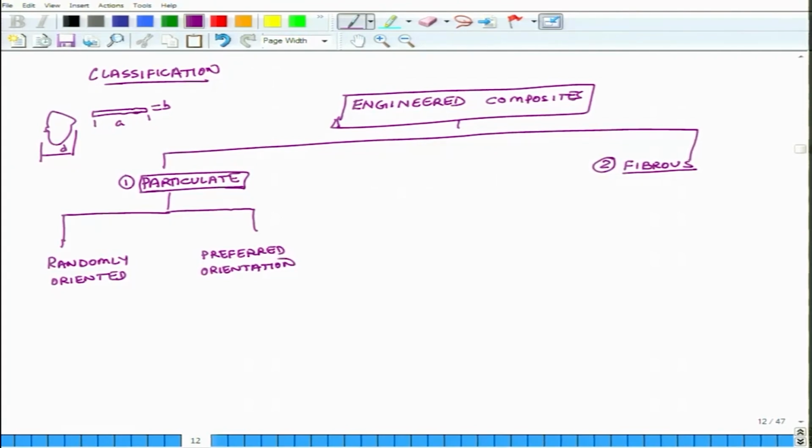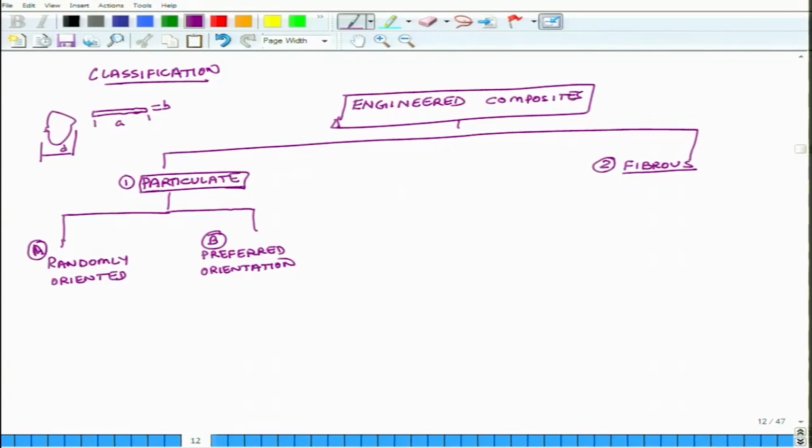Okay. So, this is A and this is B. So, 1A is randomly oriented particulate composite and 1B is preferred orientation composite, which is particulate in nature.